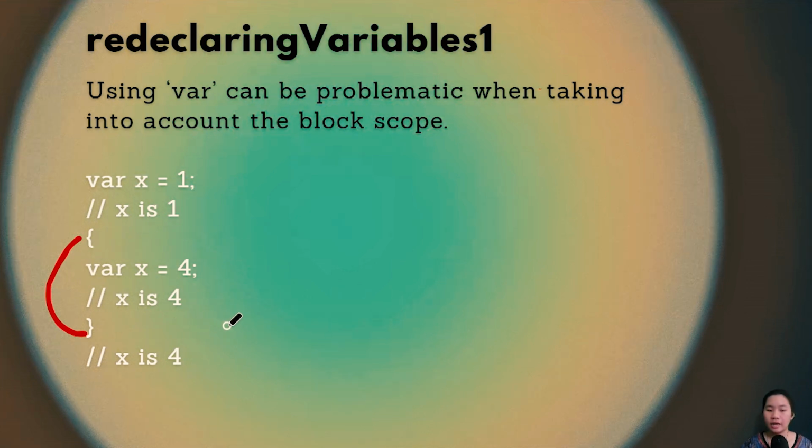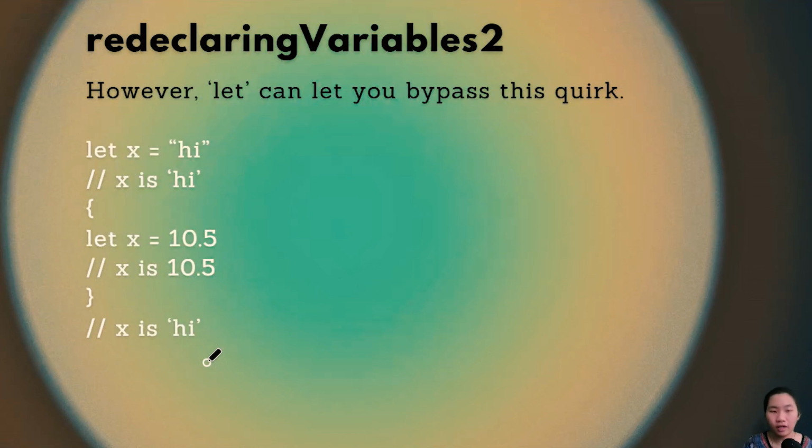Below here, x will be 4. As you can already imagine, if you're dealing with thousands and thousands of lines of code, how can you keep track of this? How can you keep track where a block scope is? And if you have multiple block scope lines up, then x will constantly be changing value. This introduces so much unpredictability into your file.